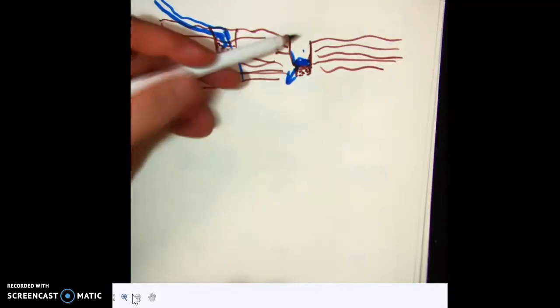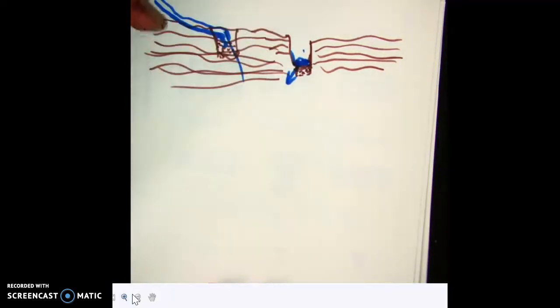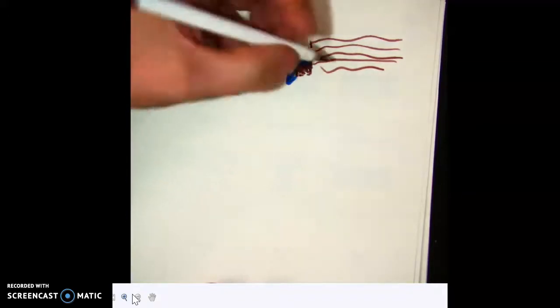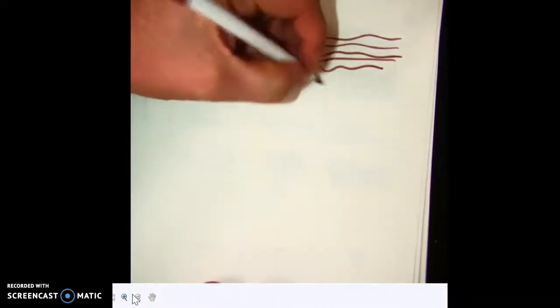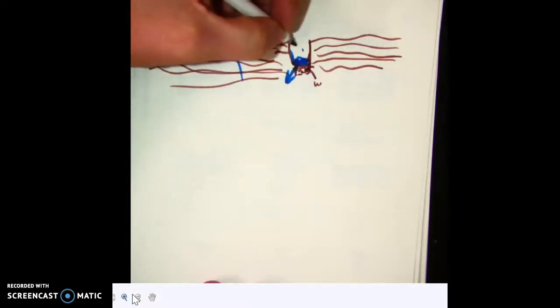So you're going to have a void left here. So at the bottom of the river, rivers kind of act like a sand belt. Okay, so you're going to have weathering here, and you're going to have erosion carrying it away, leaving this void.